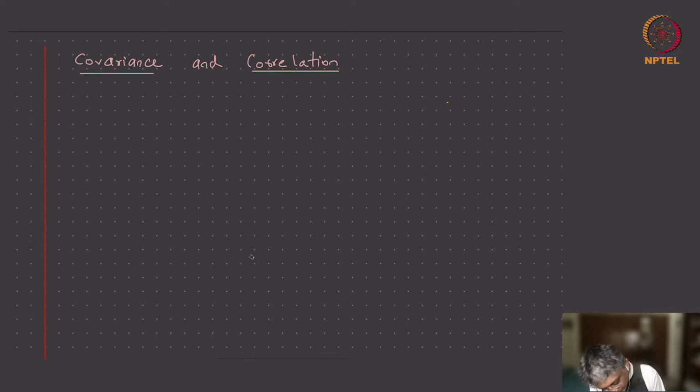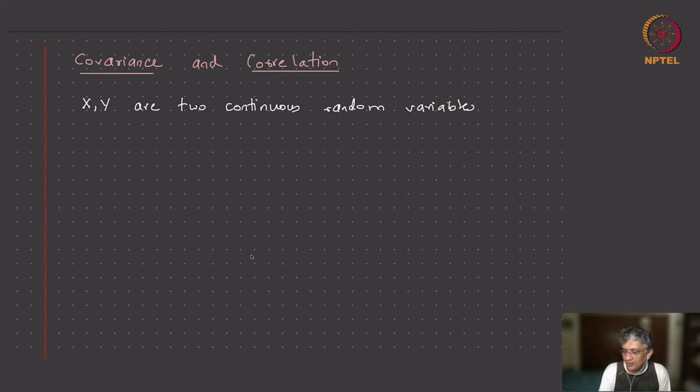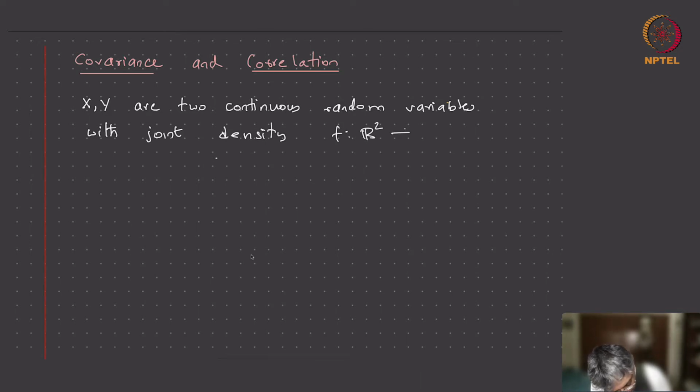So we'll assume that x and y are two continuous random variables, with, let's say, joint density f of xy, from R2 to R plus. So that's given to us.